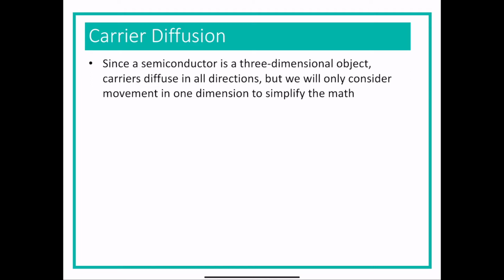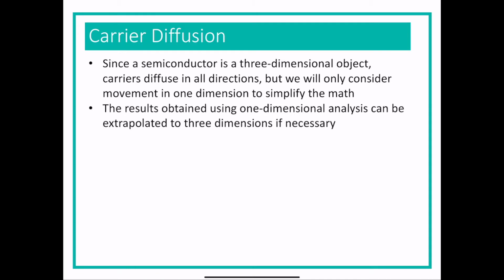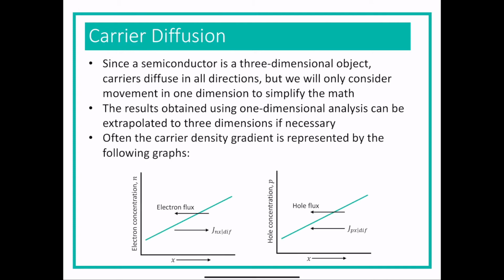But I'm really only going to talk about one dimension, and then one could extrapolate it into three if we need it. So usually when we look at carrier density, we represent it graphically. We have two graphs. On the left side of each, the vertical axis gives you the concentration of either electrons on the left or holes on the right. And as you have a distance, from point A to point B, you assume that the zero distance is right where the two axes meet, and then distance just carries off from there.